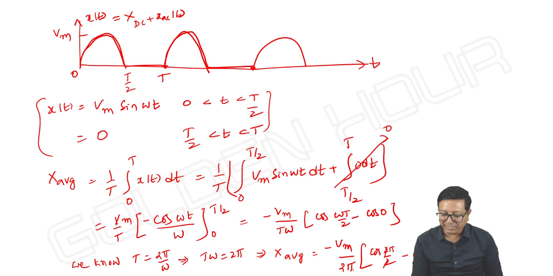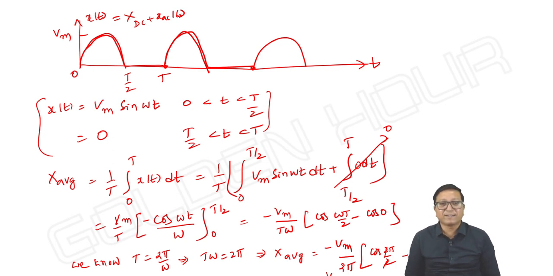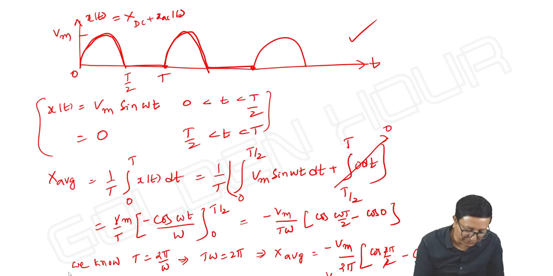So cos pi is minus 1, minus 1 minus 1 is minus 2, and minus 2 into minus Vm is 2 Vm, divided by 2 pi. Ultimately, what do we get? Vm by pi. The average amplitude of this particular signal is its peak amplitude divided by pi.